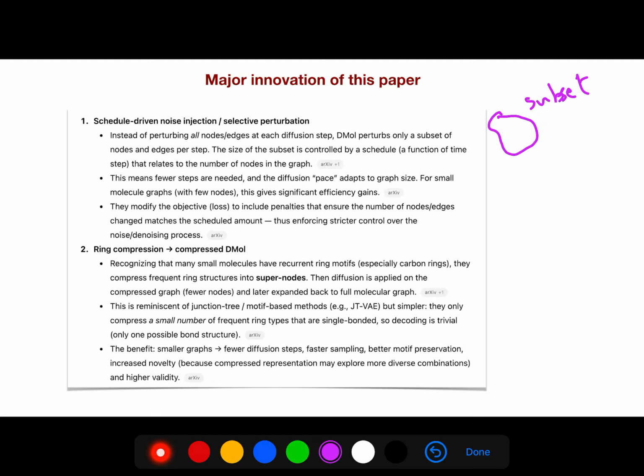The second one is that whenever you have a new ring, in compressed DMol you put it in a supernode, so your graph is reduced. This is similar to motif-based methods like the junction tree variational autoencoder, but much simpler. Why simpler? Because they only compress a small number of frequent ring types that are single bonded.